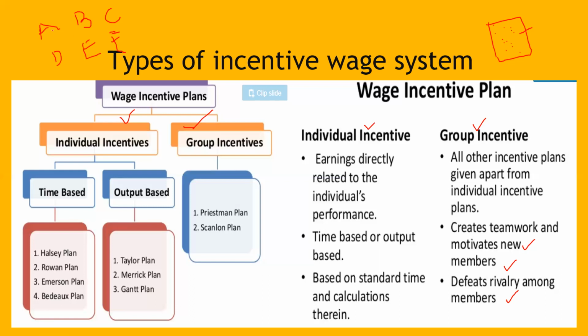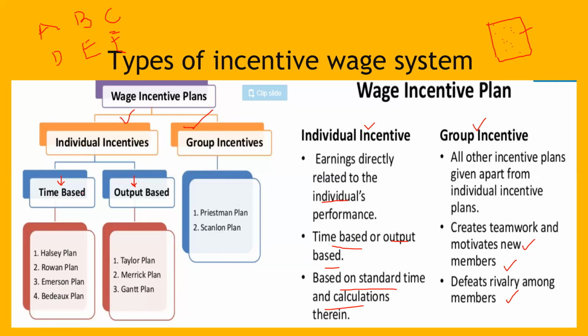Your own performance will be considered to pay the incentives, which could be based on the time he has worked or the output he has provided, depending on the company's incentive plan, which the company has adopted. The company will pay individually based on the performance of the individual employee. That could be time-based or output-based on standard time and calculations therein. This is the difference between the individual incentives and the group incentives.